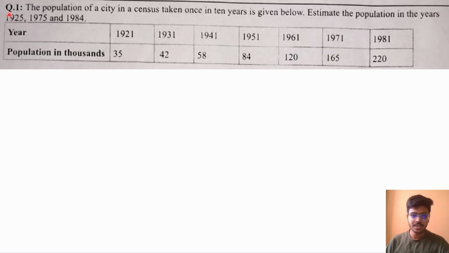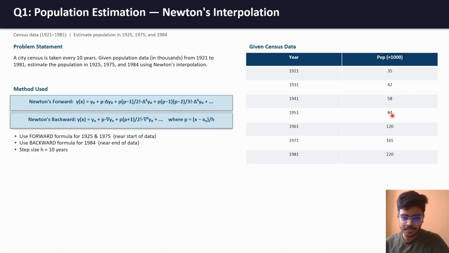So question 1 says the population of a city recorded in a census taken once every 10 years is given. We need to estimate the population in the year 1925, 1975 and 1984. Now, why is this a problem?